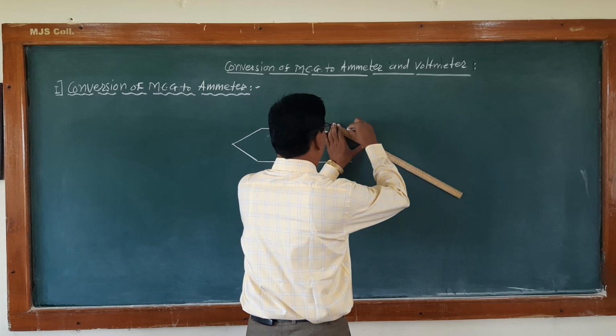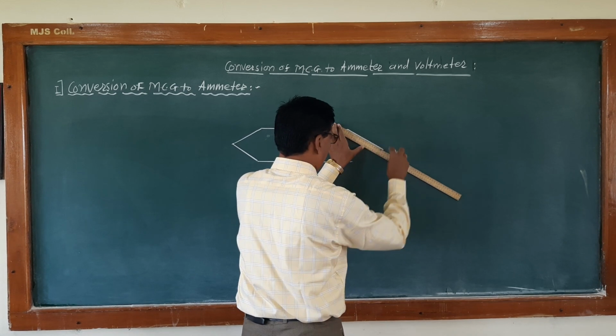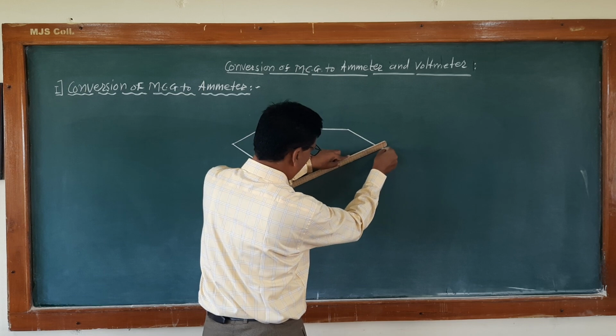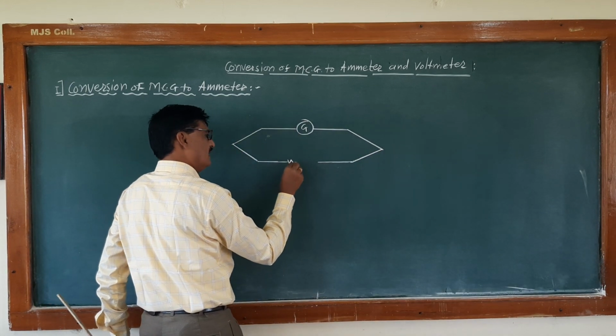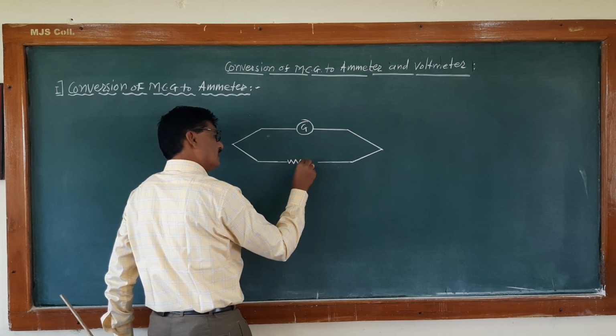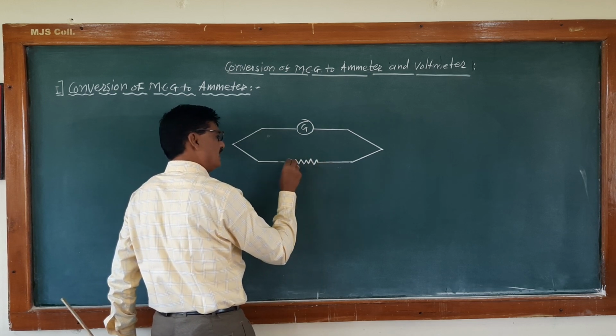What is meant by shunt resistance? A low resistance connected in parallel to the galvanometer is called shunt.